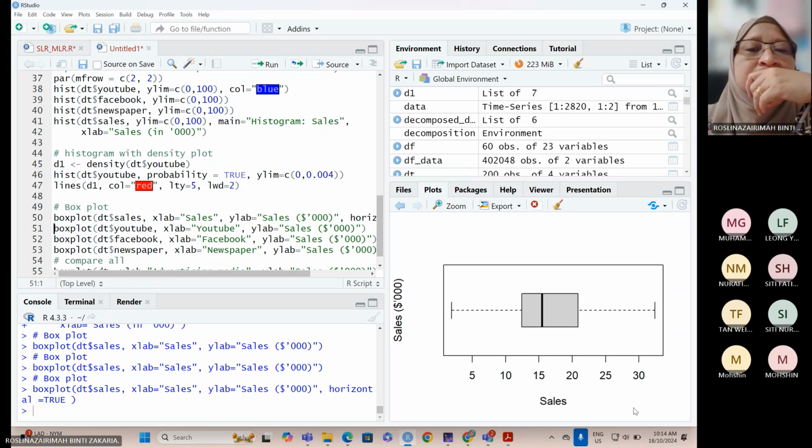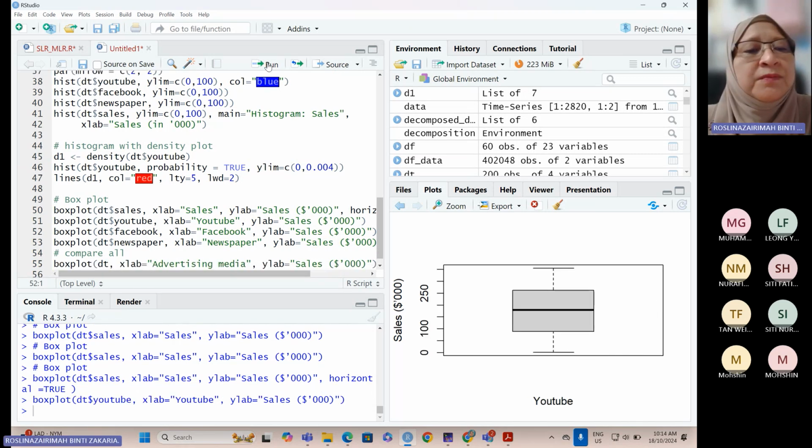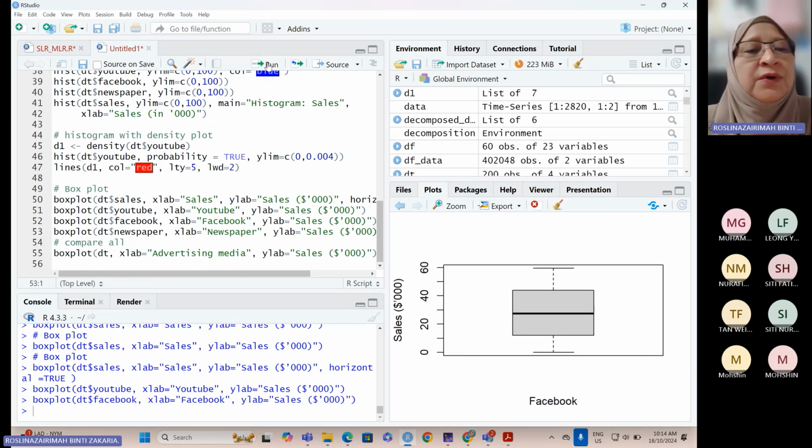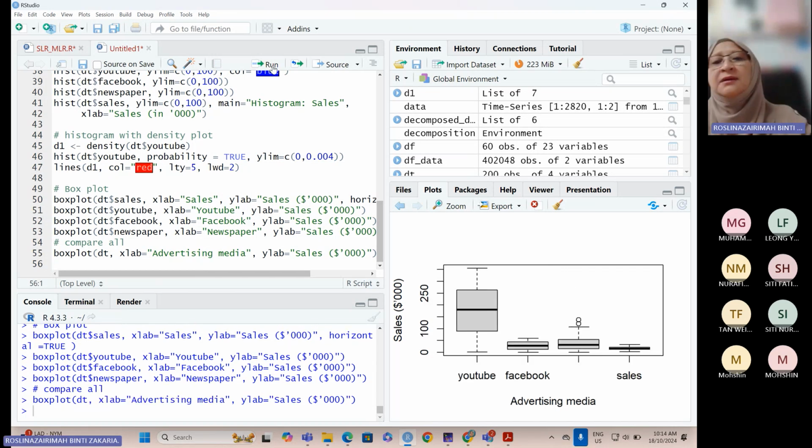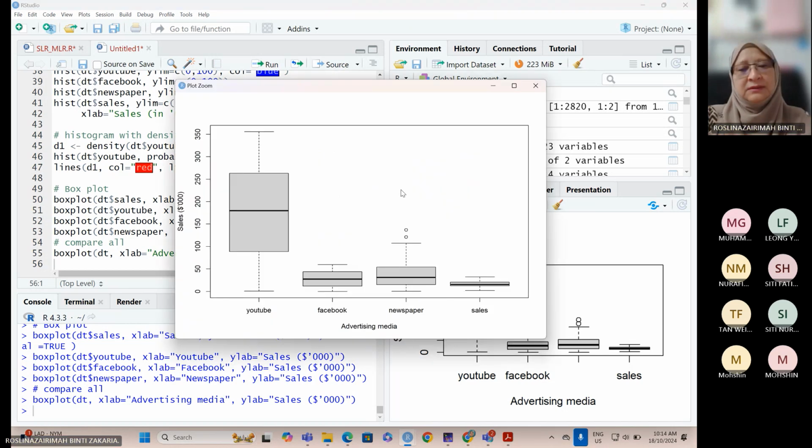You can do it individually for YouTube, for Facebook, for newspaper. And this is the best part: you can compare it all in one go, how the data is being distributed.